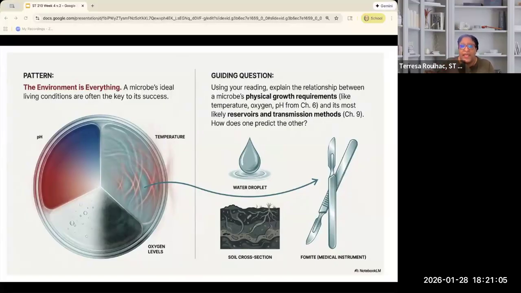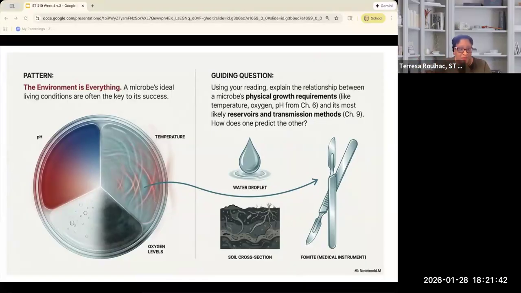Now, based on environment alone, which of these would you predict is the highest risk reservoir in a surgical setting? And keep in mind, there's no wrong or right answer. It's just seeing where your mind's at, right? What matters is how you got to that, okay?